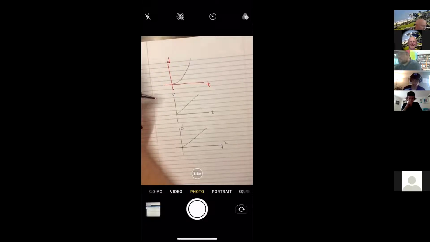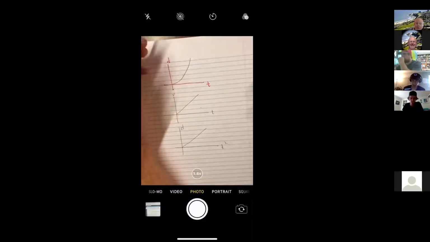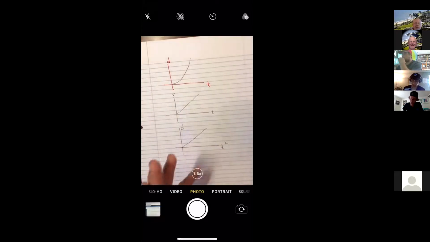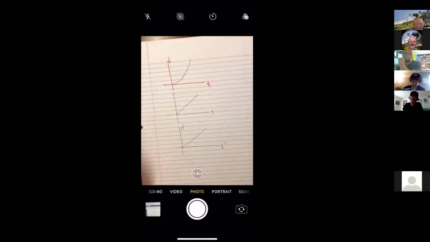There's a lot of ways of saying that, but what they want you to really say, because you need to notice this for the next set of questions, is that it is a curve, so it's not a line, and it's concave up. So the best answer I could say for question number one is it's a curved, concave up.